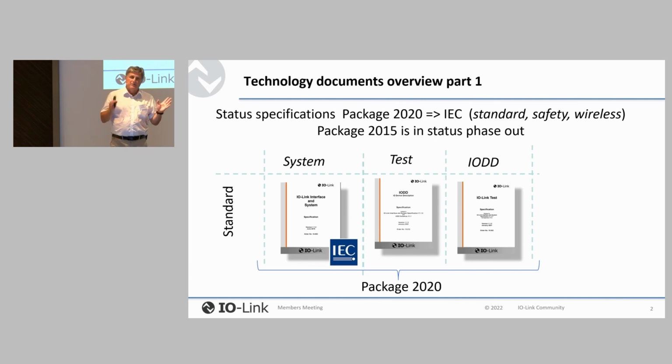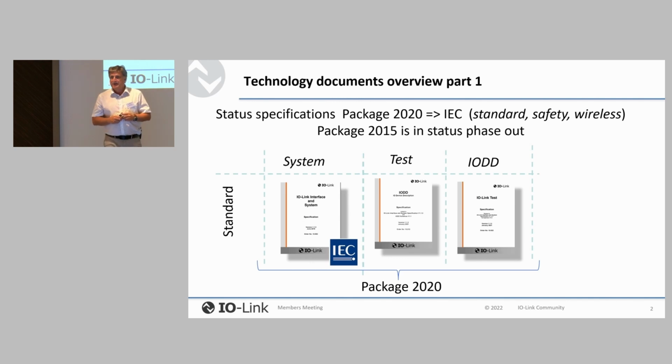With the introduction of the specification version 1.13, there was also a new package introduced, called package 2020. And the package 2015 is in phase out. So what we see today is that we have a complete specification set for the standard communication, which consists of the system specification itself, the test specification, and another one, which is the IODD.